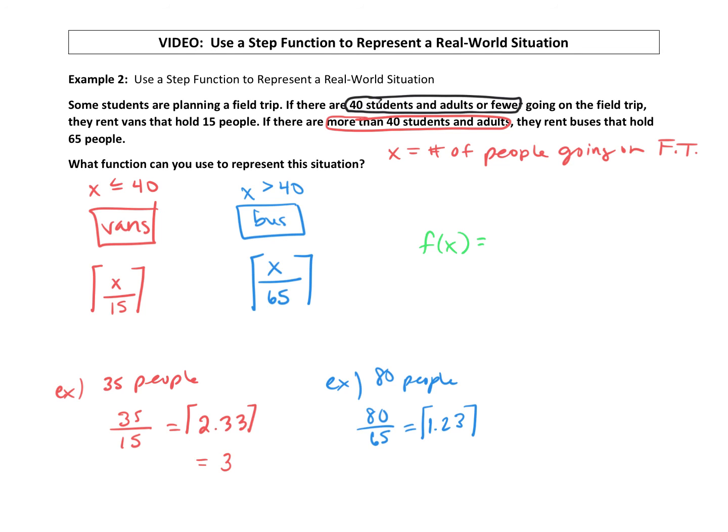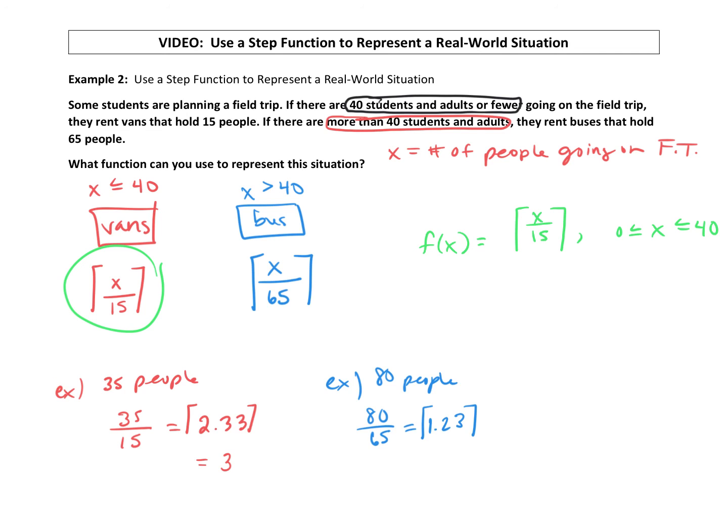We're going to take the function, this is the function part right here. It's the ceiling function of x divided by 15, but we only use that function when our number of people x is less than or equal to 40. And I guess, why don't we be more specific? You can't have negative people, so we'll say 0 is less than or equal to x is less than or equal to 40.